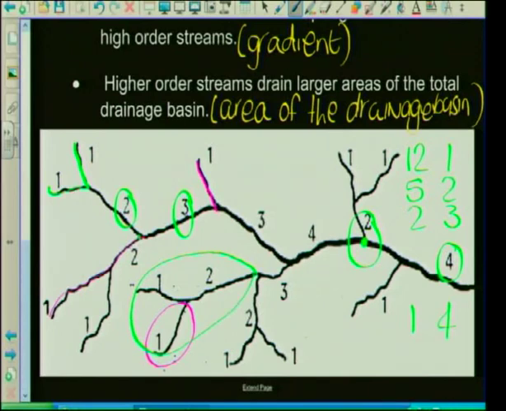You will see that the drainage basin around a second order stream is much larger than the drainage basin around my first order stream. Very, very important to learn the rules of stream ordering, and very much so in order to number the streams within a drainage basin.